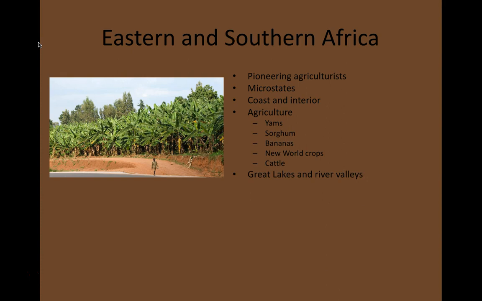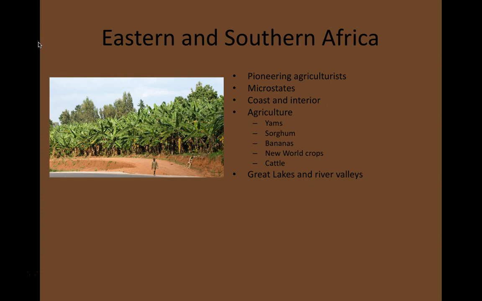Some other kinds of dichotomies here. A dichotomy between the Great Lakes region and the river valleys, right? This isn't a dichotomy so much as a description of where the largest numbers of people tended to live, because these are the best irrigated regions, the ones that are most habitable. The Great Lakes region, as I've said before, is the most densely populated part of Africa.